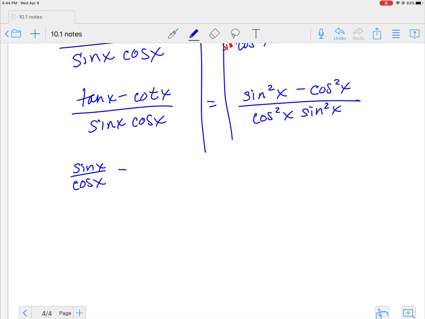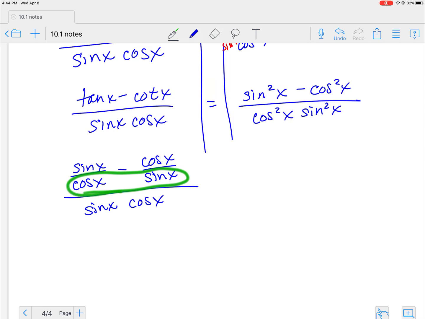That's what my head is telling me to do. That doesn't mean that's the only way to do this. And I may be sending us down a rat hole, right? We'll find out, our rabbit hole. You know, the old Alice in Wonderland scenario. So this would be sine over cosine minus cosine over sine, all over sine x cosine x.